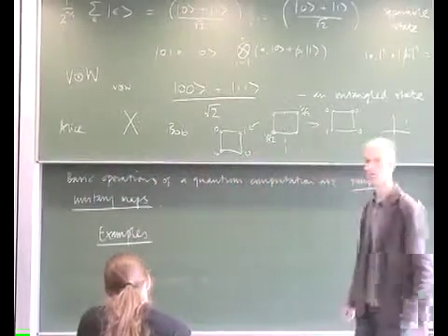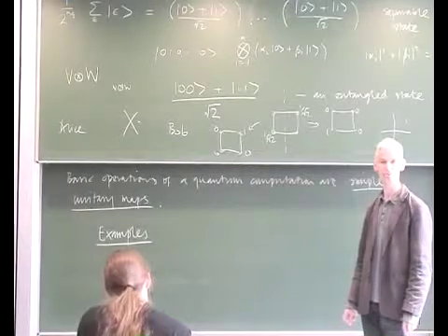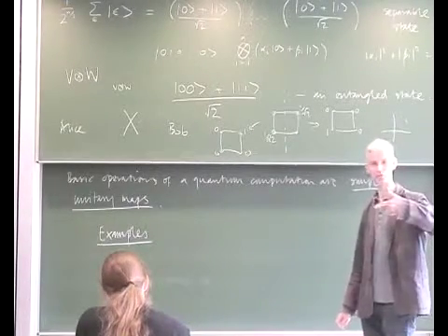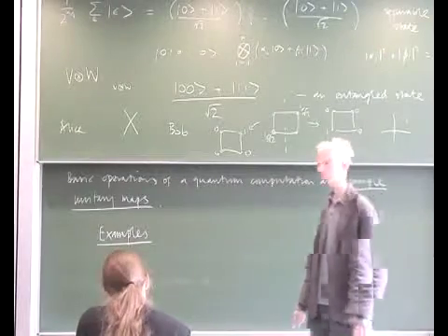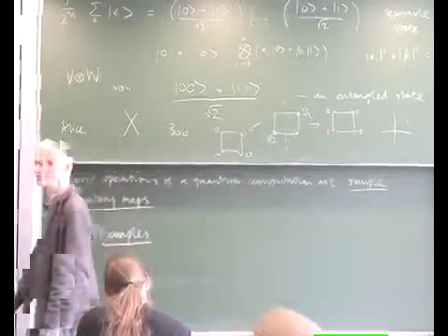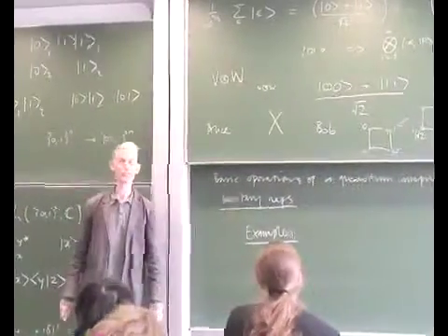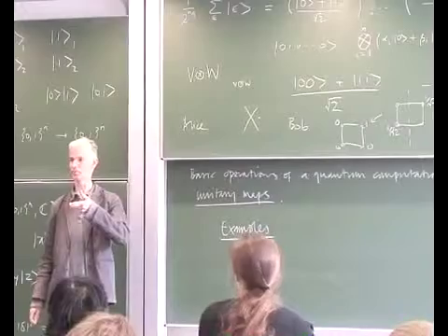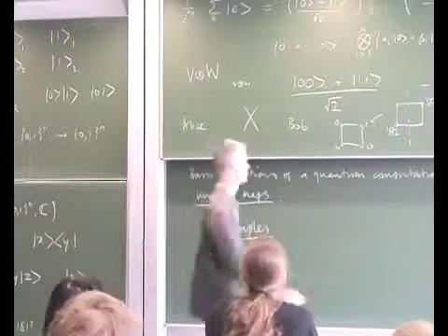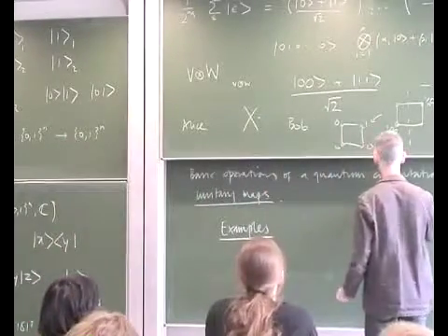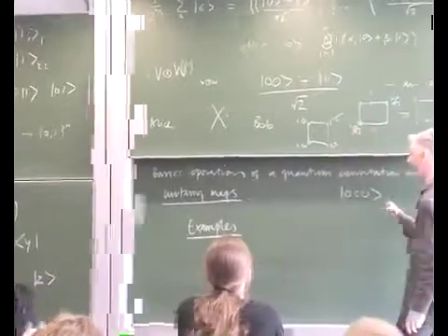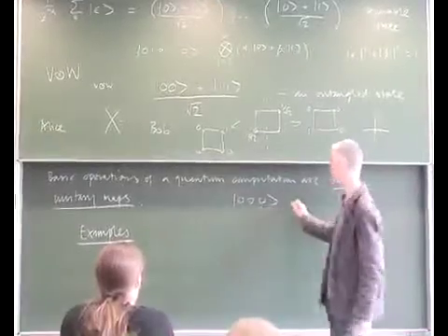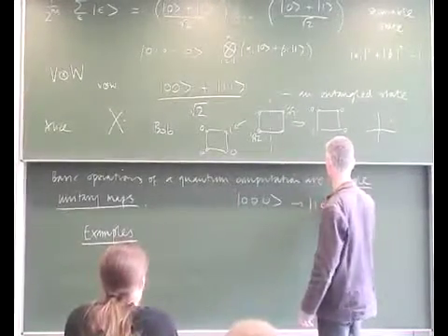Let's begin with a very simple one. We'll take a NOT gate. So I fix on a qubit, and I just want to change it from 0 to 1 or 1 to 0. That way of talking makes it sound just like a classical computation. But what I'm doing there is telling you what I do to an element of the basis. So if I happen to have that basis element, and I'm doing a NOT gate on the first qubit, then that will map to 1, 0, 0.